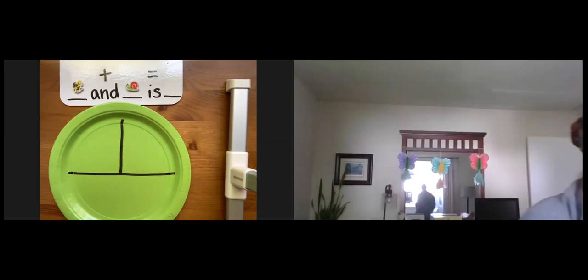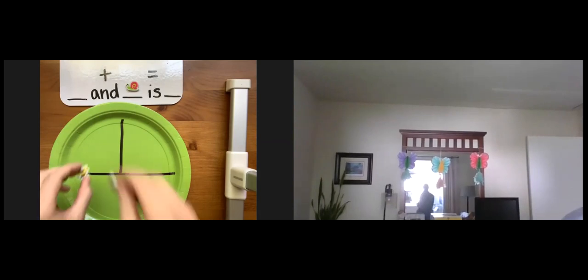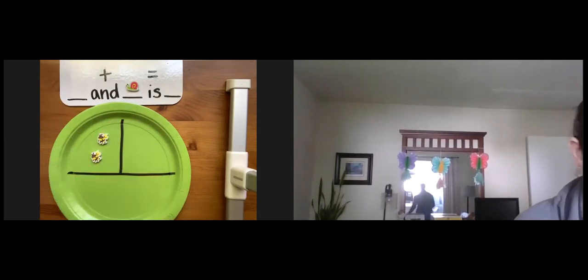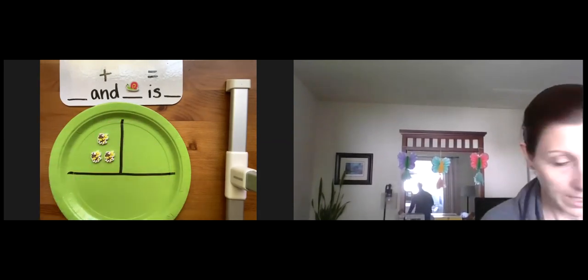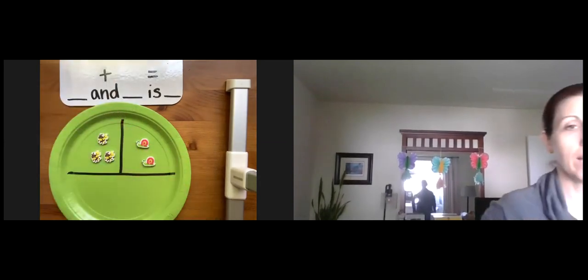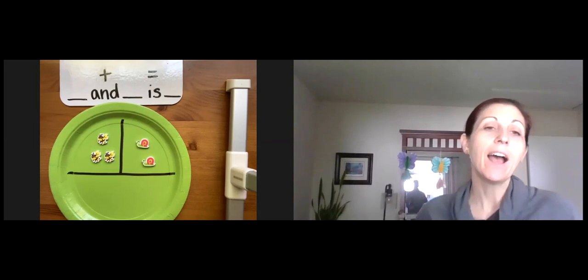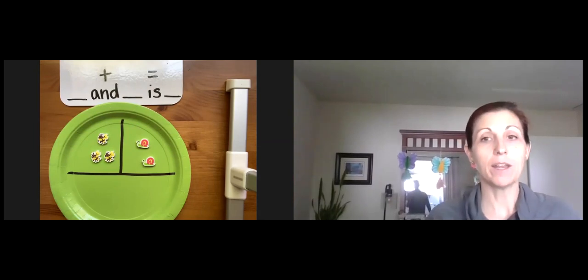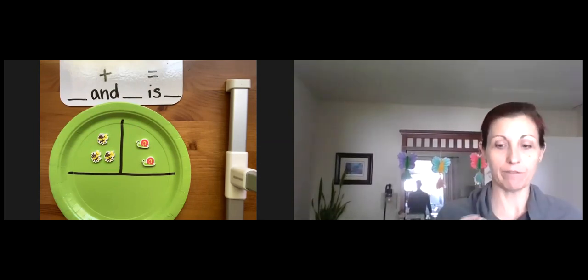So I'm going to grab a quantity of bees and then a quantity of snails. And my job today is to figure out how many insects are on my whole leaf.